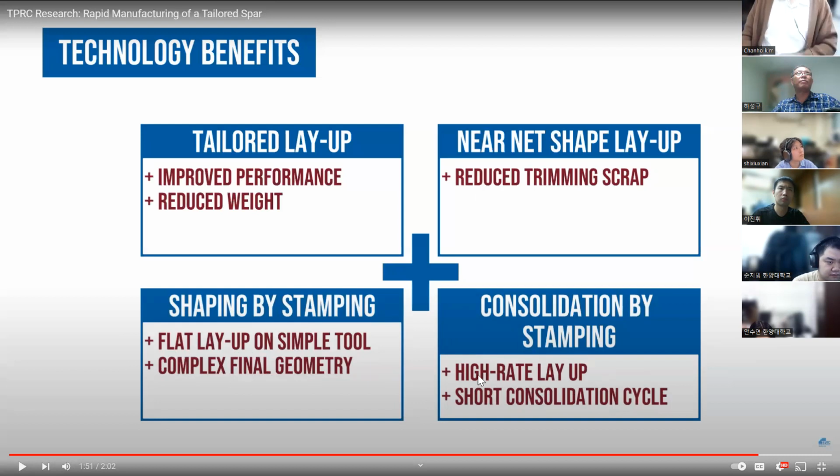High rate layer and the short consolidation cycle is the most important. The limitation of composite was mainly the manufacturing process.